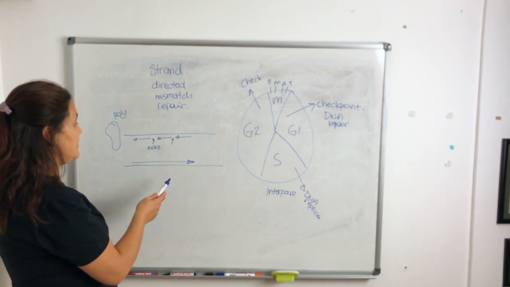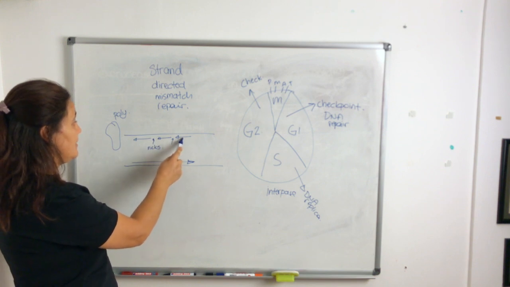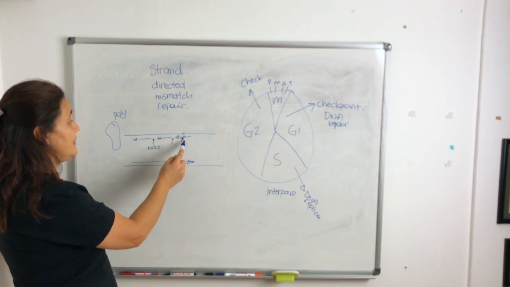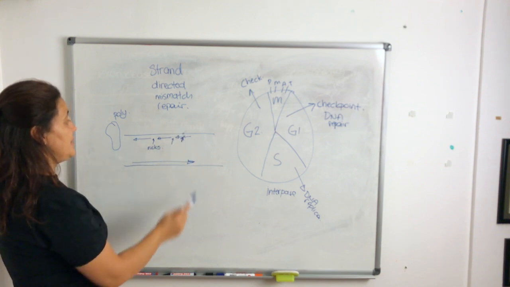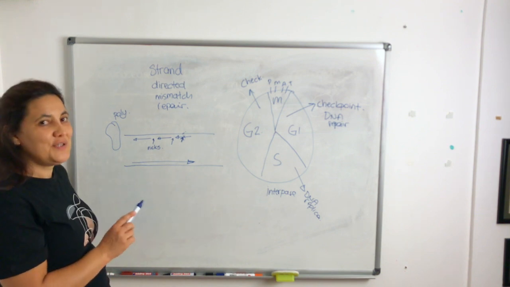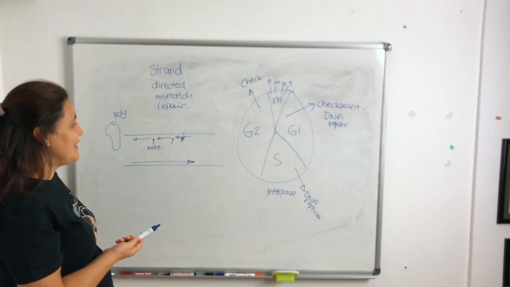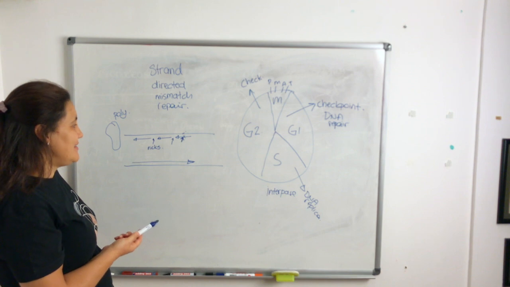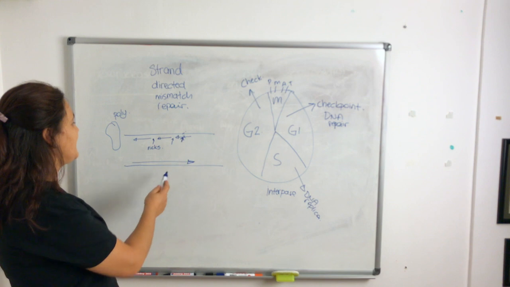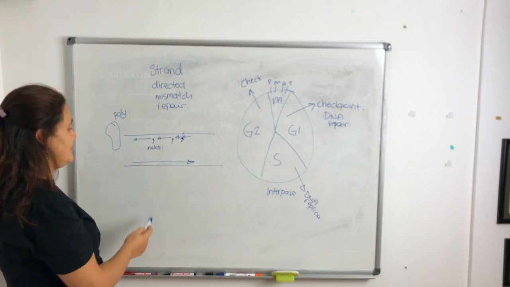But before they are repaired, the mismatch repair system says that this is the newly synthesized strand, and if there is a mistake in here, this one has to be the wrong one and this one has to be the correct one. But on the leading strand, we do not know how it discriminates, and there is research going on, but it's funny that we still don't know how it discriminates between the newly synthesized strand and the old strand.